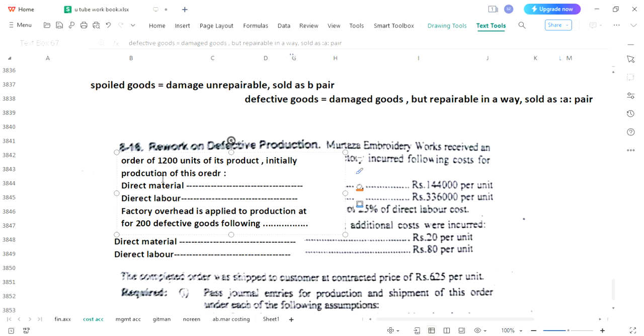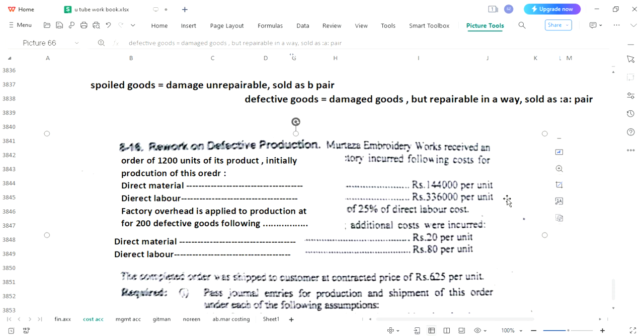So production of this order has a direct material cost of 144,000, and we have a direct labor cost of 336,000. Okay, there is something misprinted again. I hadn't paid attention: this cannot be per unit.